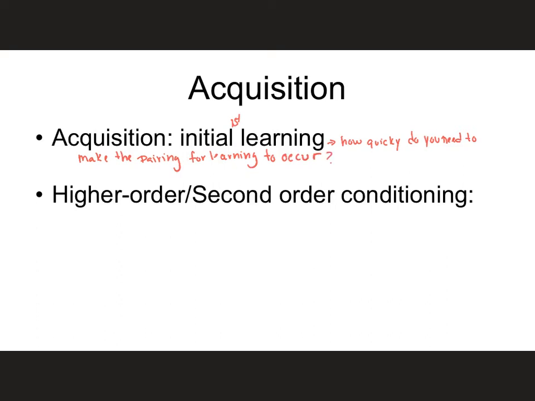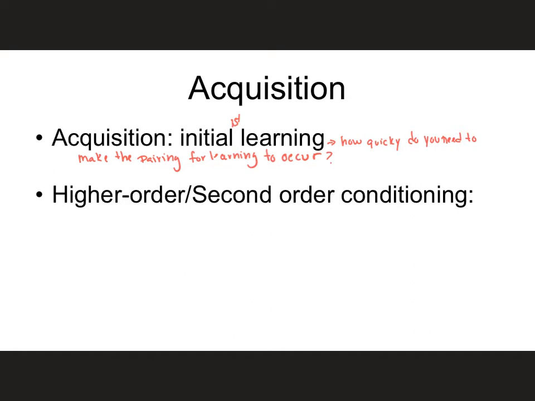So can I pair two things together but have them be separated by 5 minutes? Would that still create learning? And the answer to that question is it varies, right? Acquisition varies. So pairing the two stimuluses together, we'll talk about some ways to do that to make it the most effective, but that varies.